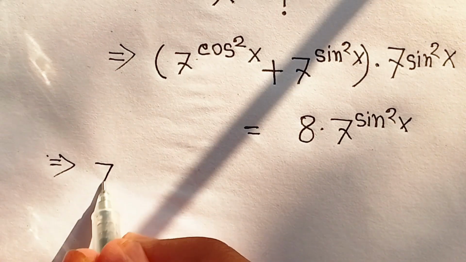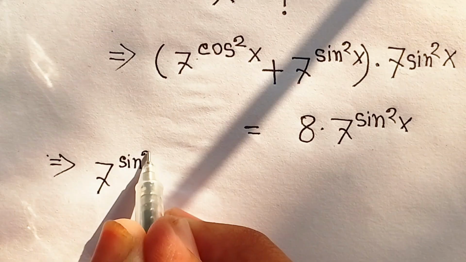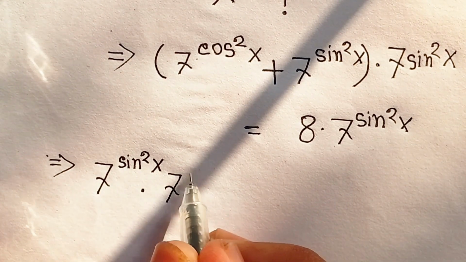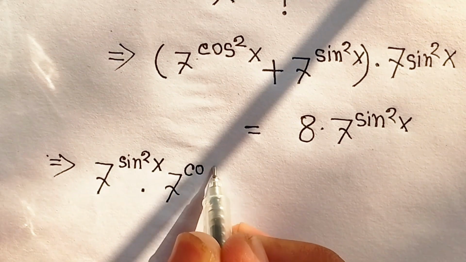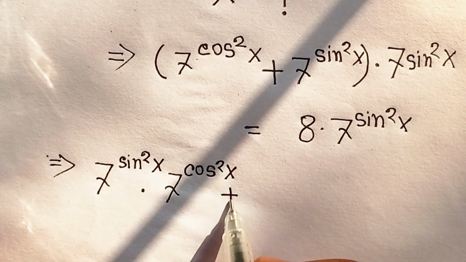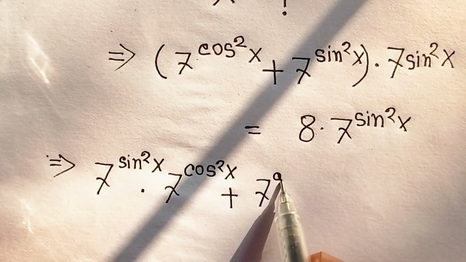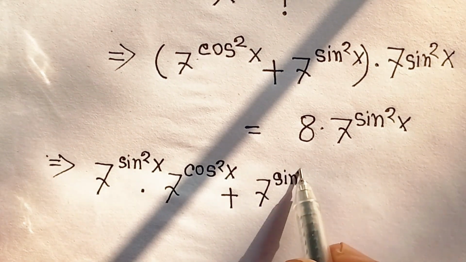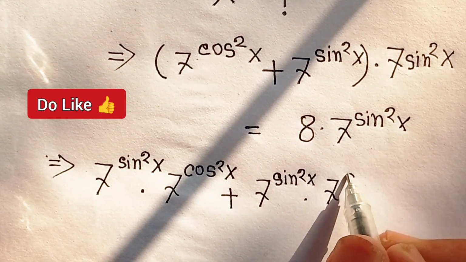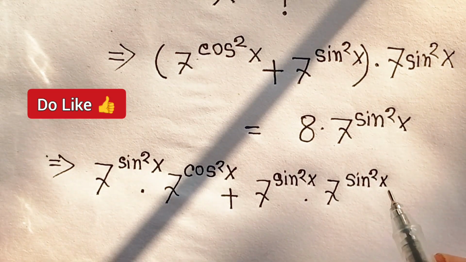Now we have to multiply 7^(sin²x) times 7^(cos²x), plus this 7^(sin²x) times 7^(sin²x).